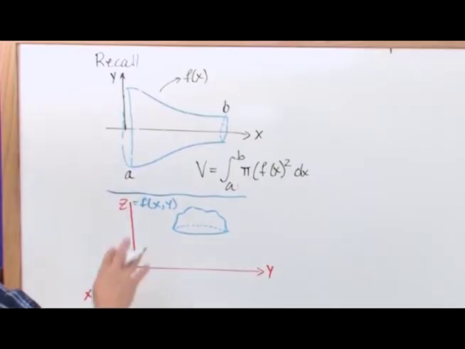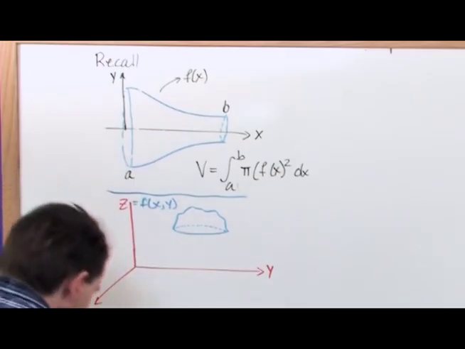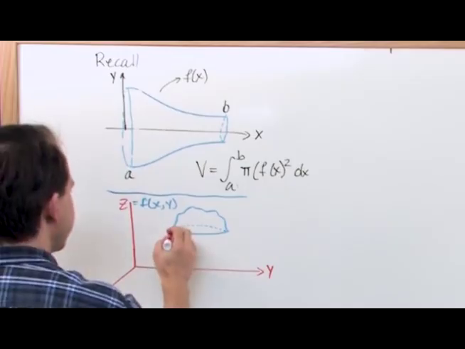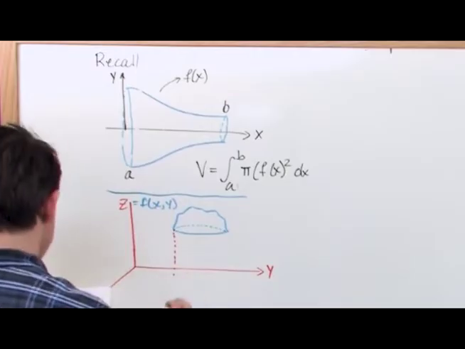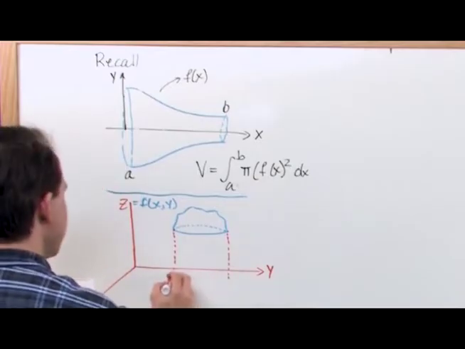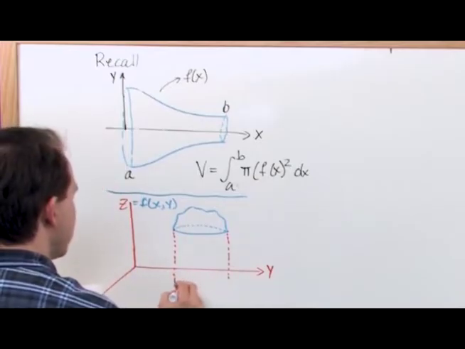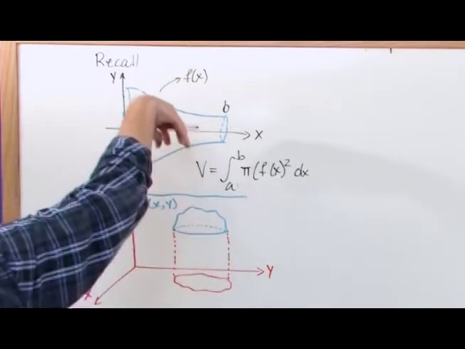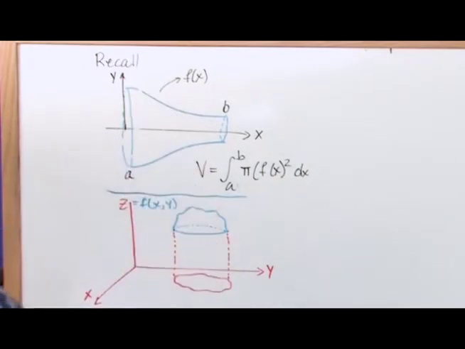What if I projected this down on the xy plane to show you the big picture? This function that's hovering, so to speak, over the xy plane is going to have some sort of projection down here. Literally, if you shine a flashlight on top, it's going to project something down here.